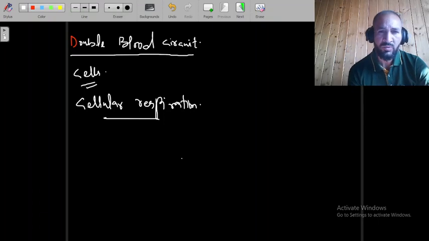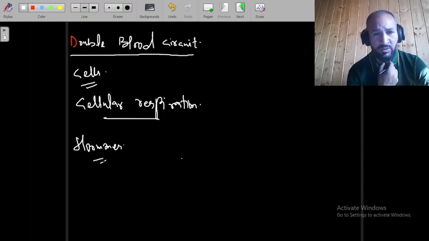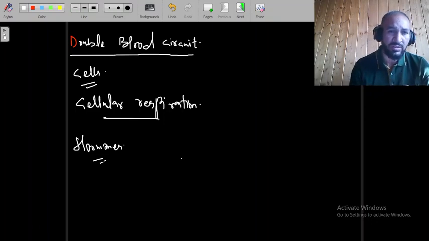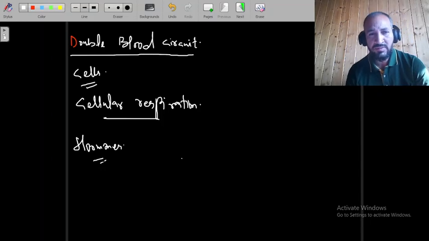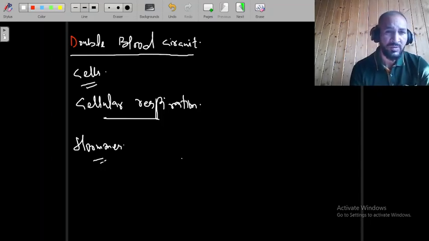The hormones which are secreted by different endocrine glands present around your body. You have endocrine glands in your neck region, they secrete hormones. You have hormones secreted by the thyroid gland present in your neck region. You have adrenal glands present on the top of your kidneys. Your gonads, they also secrete hormones.